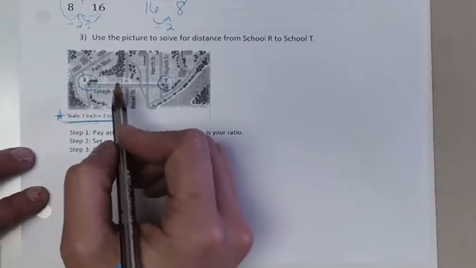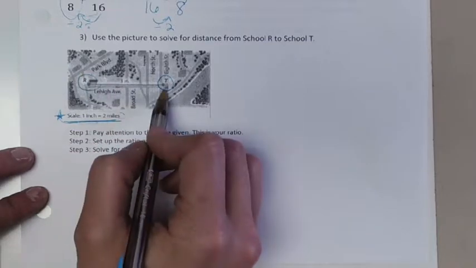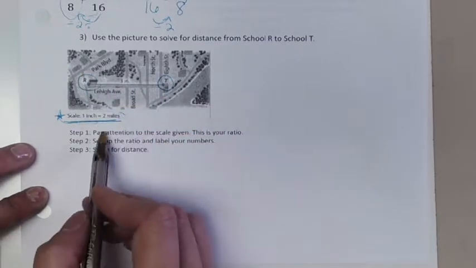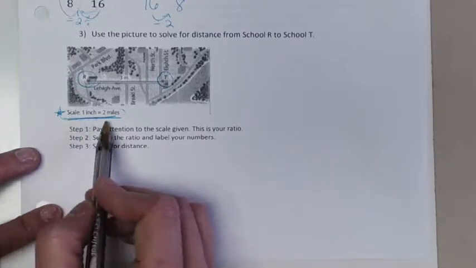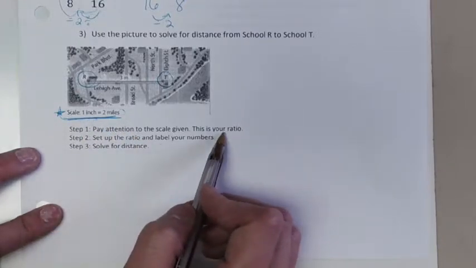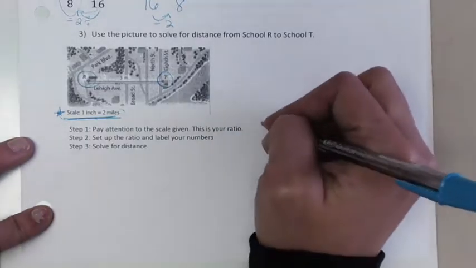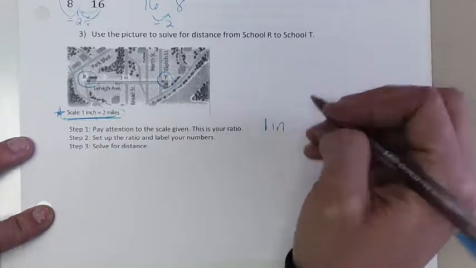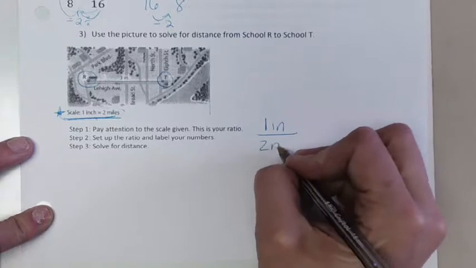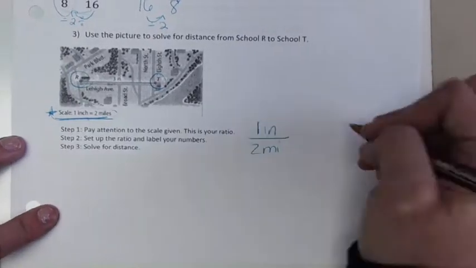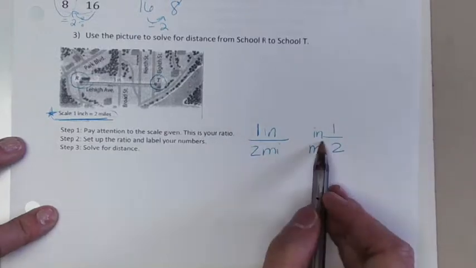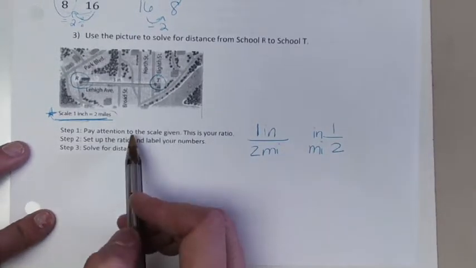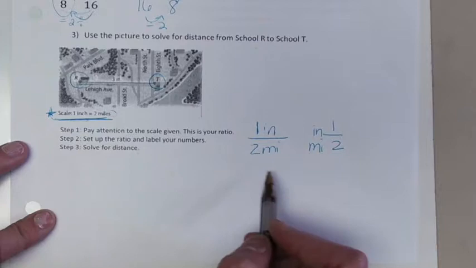So they've told me on the map it's 3 inches between the two. Alright, I've written you some steps. We got to pay attention to the scale given, which I just starred and underlined. And this is our ratio we've been given. So when we have a ratio, we're going to write it as 1 inch over 2 miles. That's my ratio. So actually we could do 1 and then we're going to label out here. Those are the same thing. We set up the ratio and we labeled our numbers.